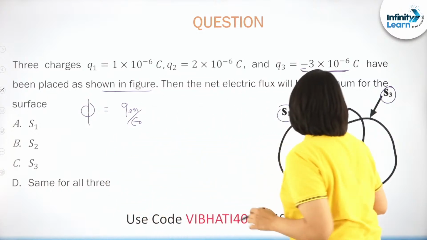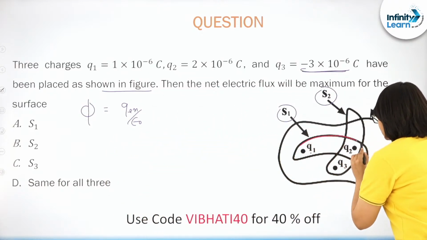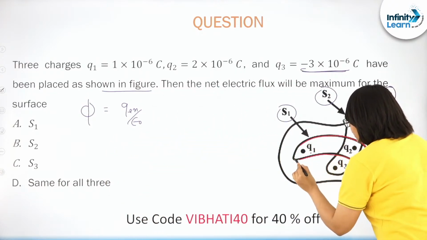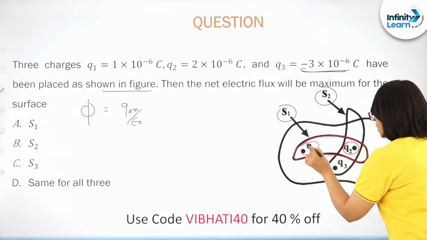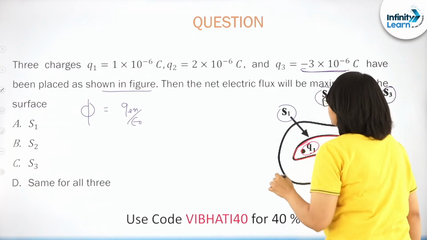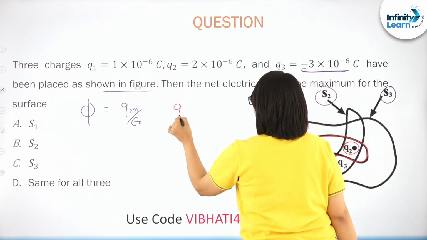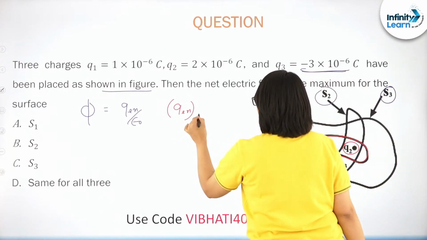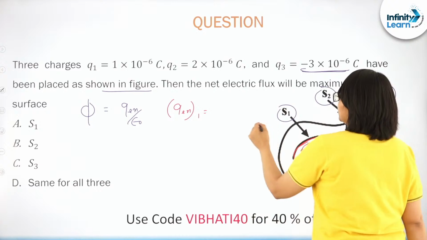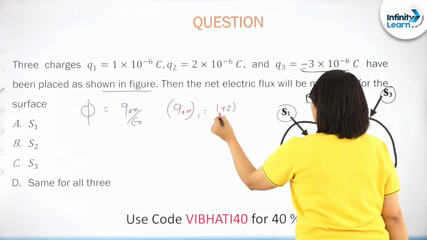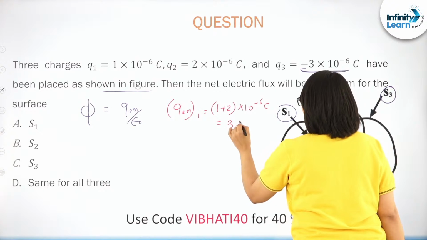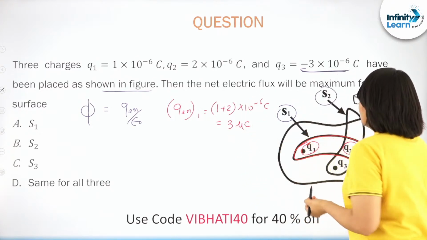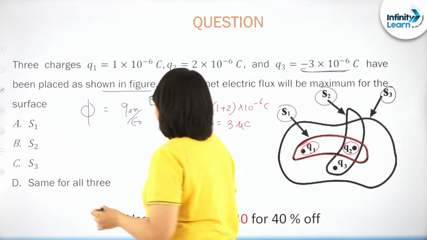Whichever has more enclosed charge will have more flux. Look at S1. S1 is this surface, the one with the red boundary. It has charges Q2 and Q1. So Q enclosed for S1 is Q1 plus Q2, that is 1 plus 2 into 10 power minus 6 coulomb. So this is 3 microcoulomb. Okay. Next is S2.